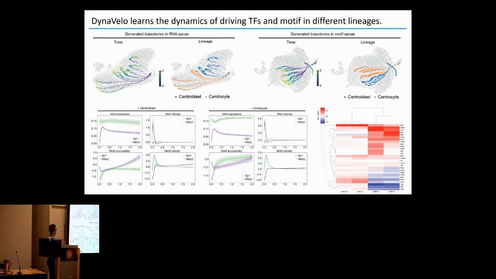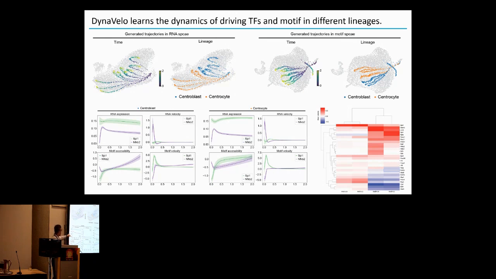We can look at these generated velocities and at the trends that we see based on them: expression, RNA velocity, motif accessibility, and motif velocity. And we can clearly see that these velocities are really the derivative of the other curves that we see here, which is what we want to see, but it's hard to see in real data because it's very noisy.